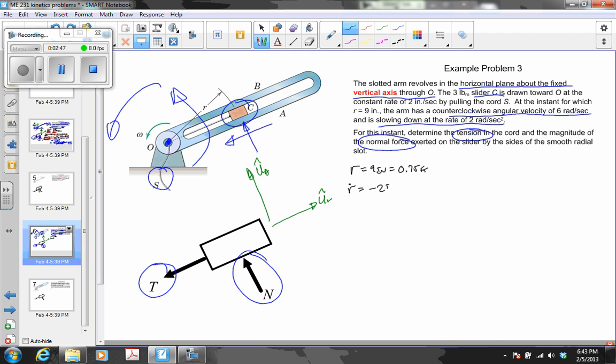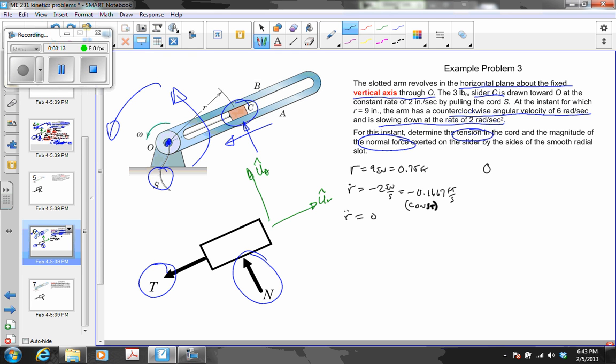That would be in the negative r direction, so minus 2 inches per second, which is 0.1667 feet per second. That's a constant value, so what does that tell us about r double dot? r double dot would be 0 if r dot is constant.